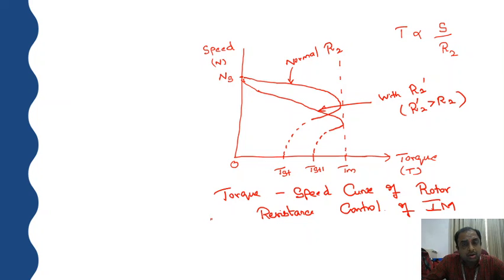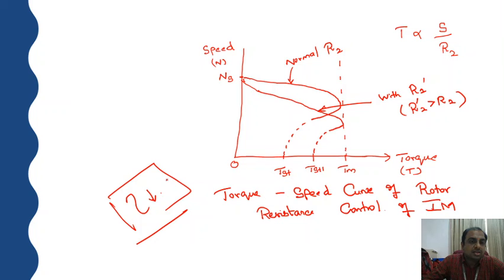Fourth, there will be large power losses due to I square R losses, because we are adding resistance. If the resistance increases, copper losses increase, and due to the power losses the efficiency will be low. This is the drawback of this method.